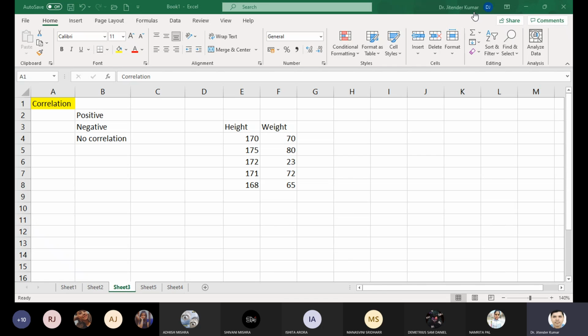That is also true, but not entirely true. I'll explain why it is not entirely true. So correlation in biostatistics or in statistics is a relationship between two quantitative variables. Always remember this term, quantitative.